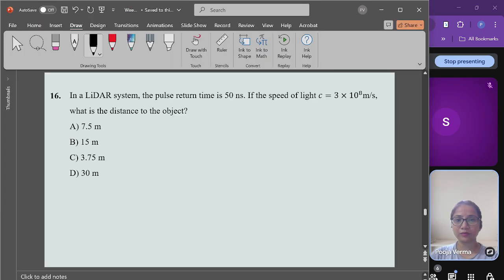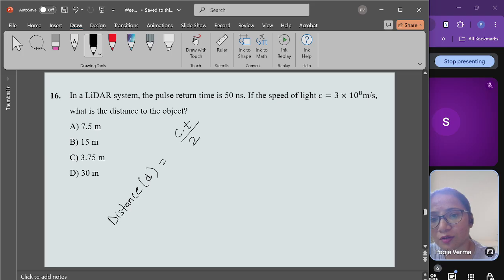Okay, so for any system where we are sending light and it is returned back from the object, we can find the distance of the object. This can be any other system also. This is a basic formula to calculate the distance, represented by d. It is c into t divided by 2.